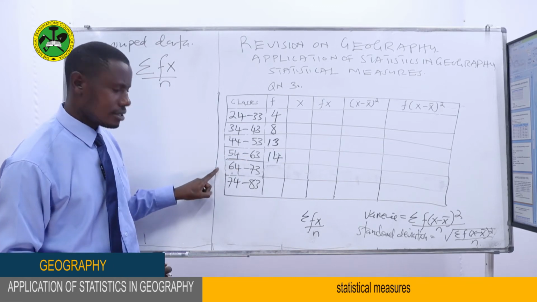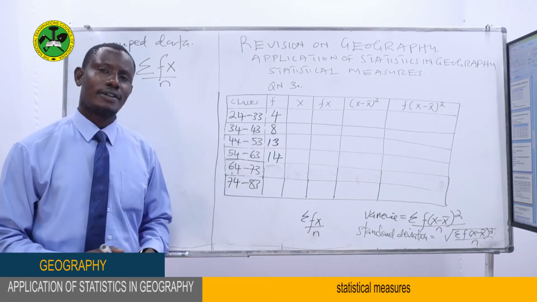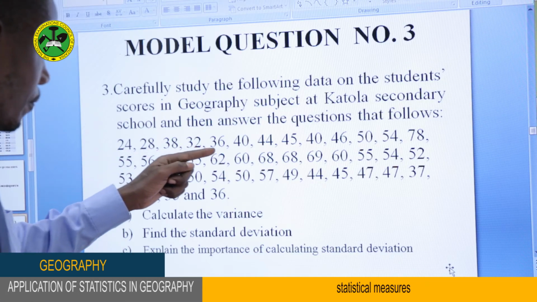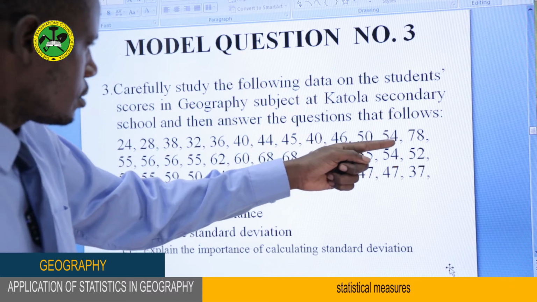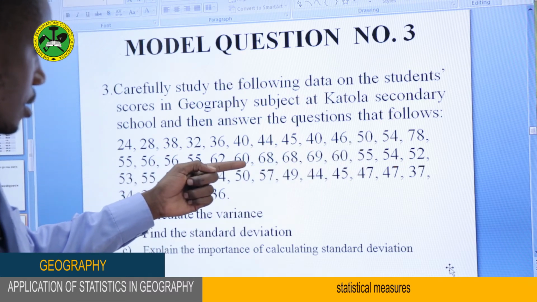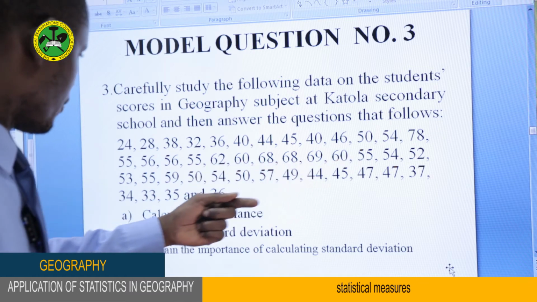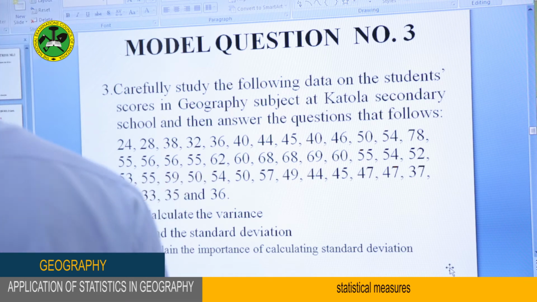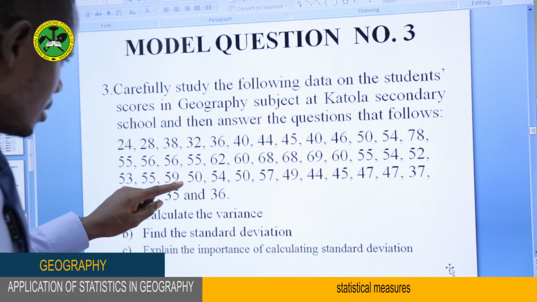Then the next class is 64 to 73. If you check on the data, you'll find that it's about 64 to 73.